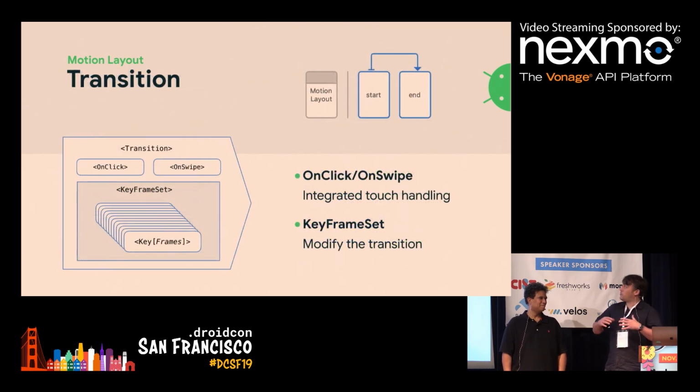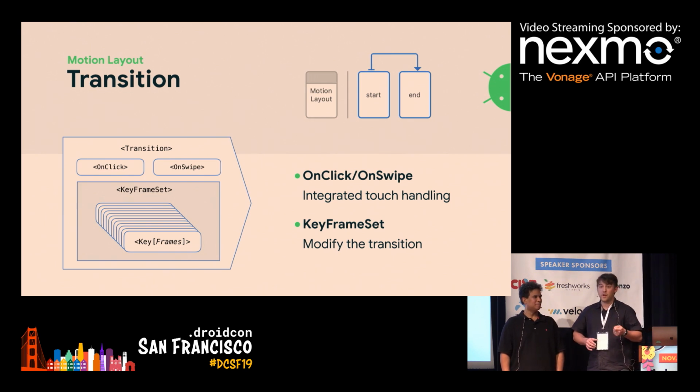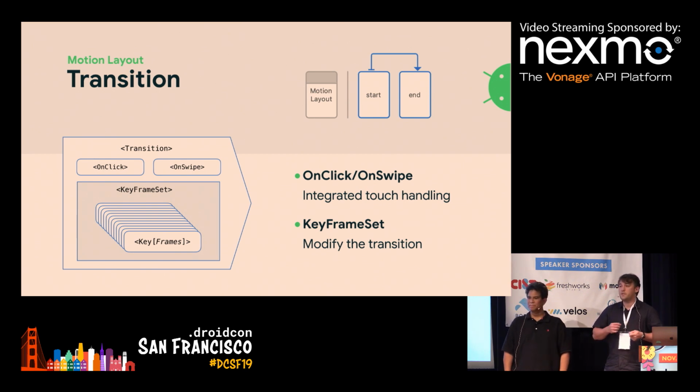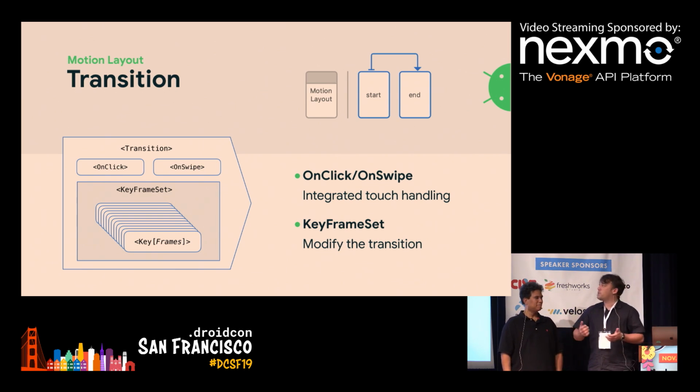We then have transitions. Transitions are nice because we explicitly say how you are going to move from one state to a second state. You can indicate an on-click or an on-swipe handler just in XML, so you can trivially associate that when I click on this thing, it will trigger this transition, or when I swipe the screen with my finger, that particular transition will be triggered.